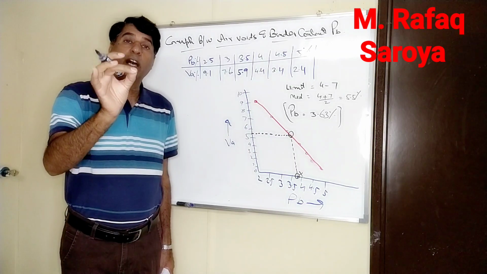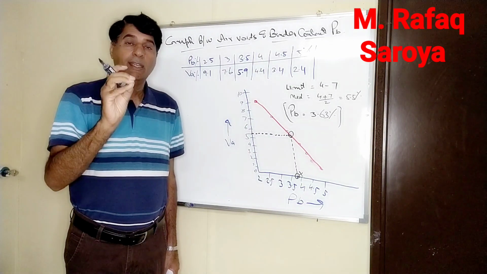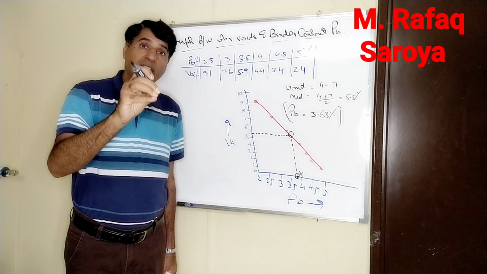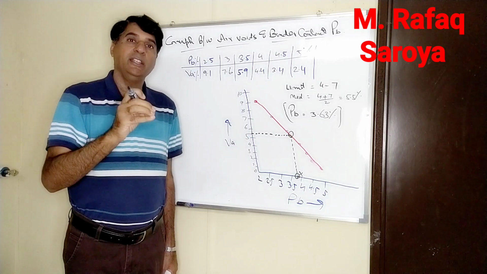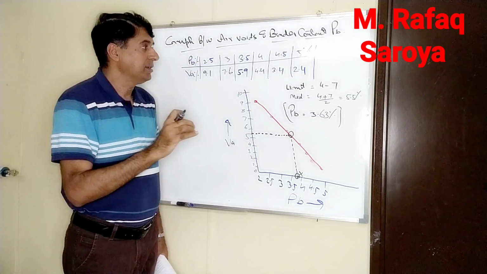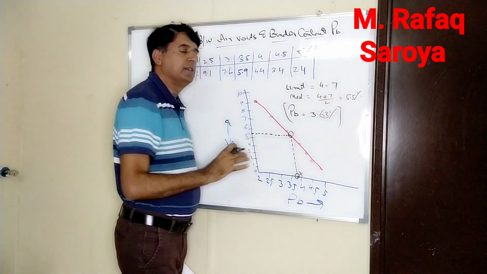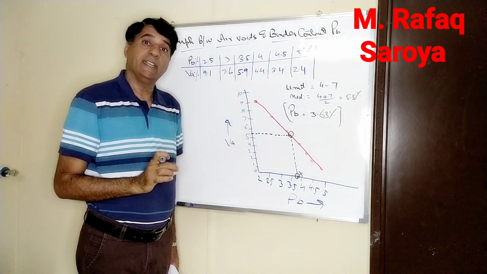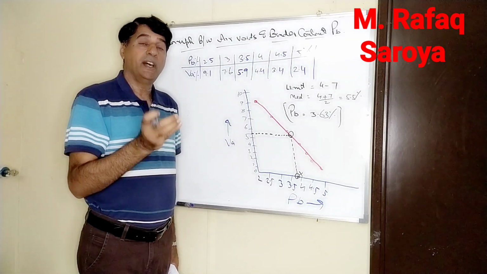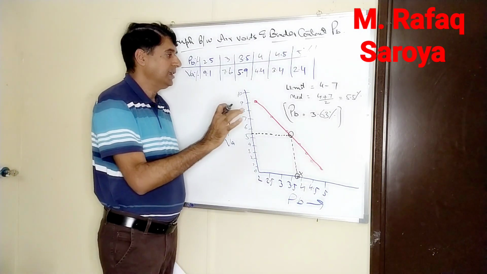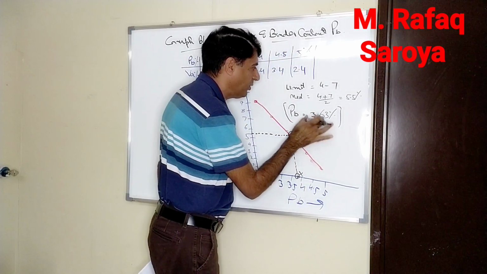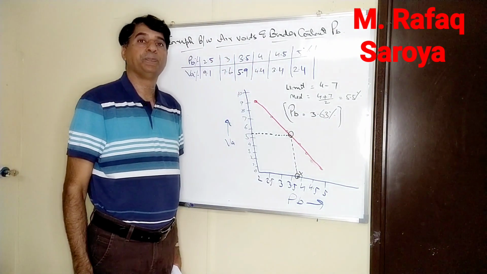This is the amount of binder selected as per the guideline given by MS2 or by the Asphalt Institute, and by keeping within the limit described in the technical specification for the development of this mix design, my binder content comes out to be 3.63%.